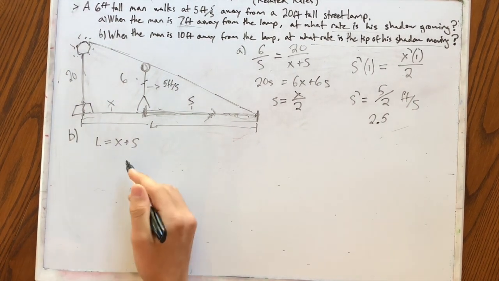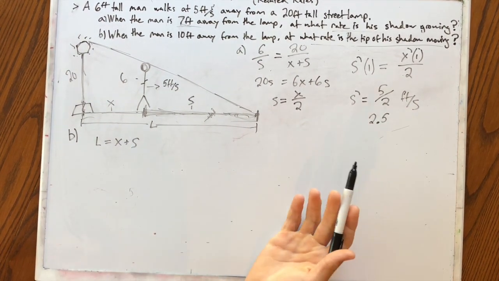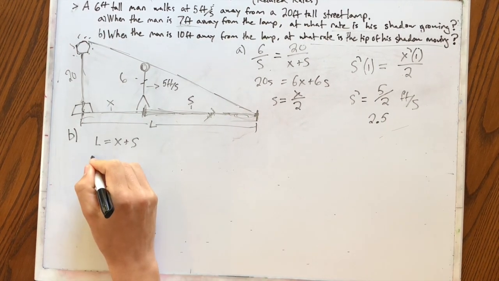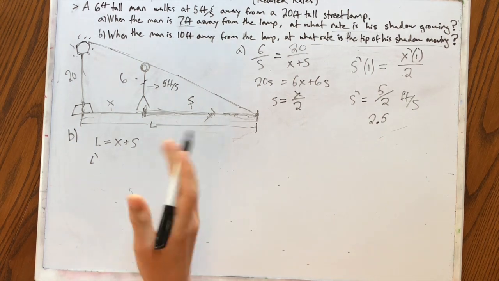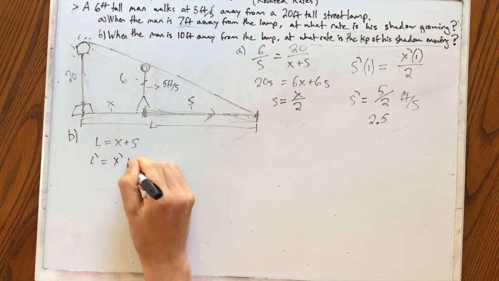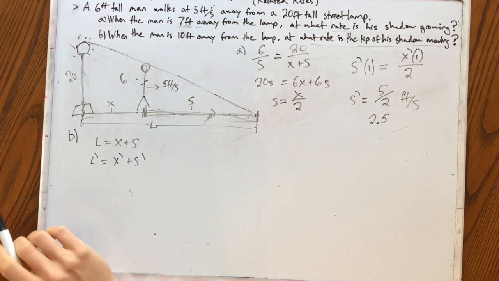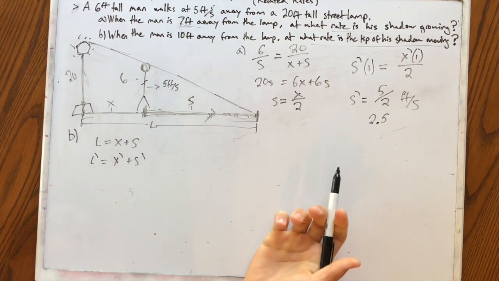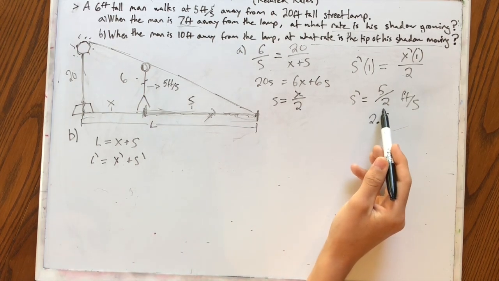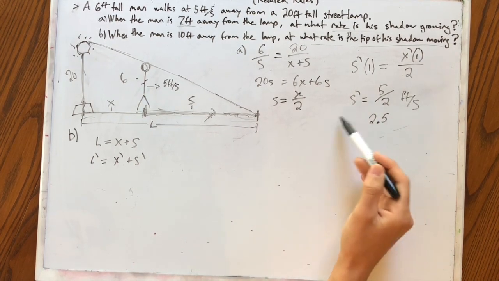With a function like this, we can just take the derivative of both sides with respect to time. So L prime, or dL/dt, is equal to X prime plus S prime. And we know both of those, which is what makes this problem so much simpler. We know that S prime is 5/2 because we just found it, and we know it's constant.